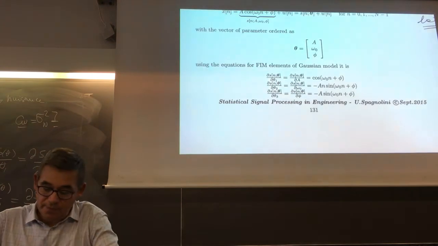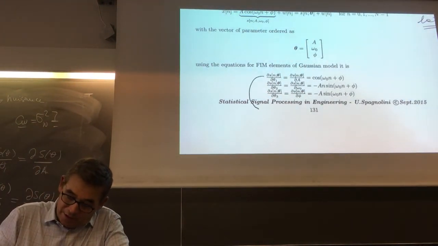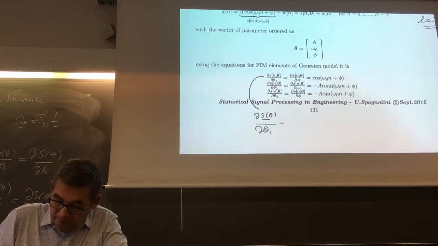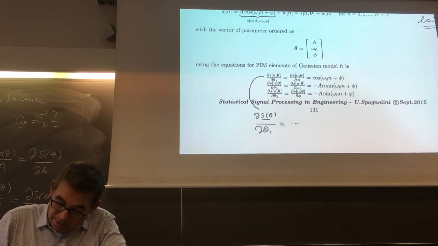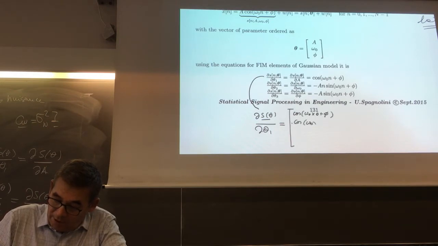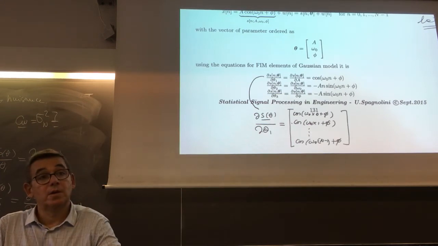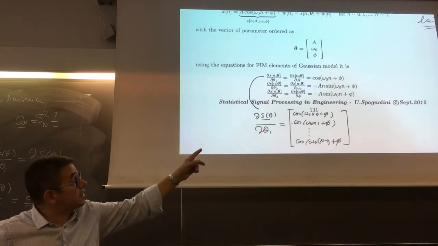So that means that as a vector, when I write a derivative of s theta as a full vector with respect to theta 1, this one is equal to cosine omega 0 times 0 plus phi, cosine omega 0 times 1 plus phi, cosine omega 0 times n minus 1 plus phi. And the same repeats for the second and the third.